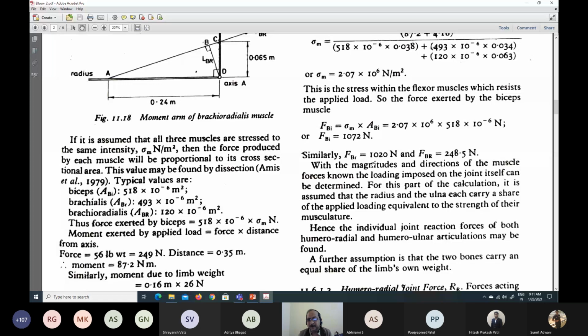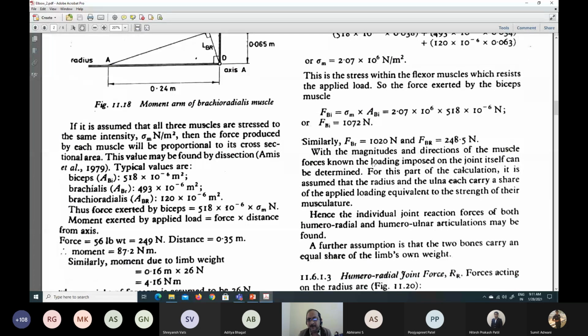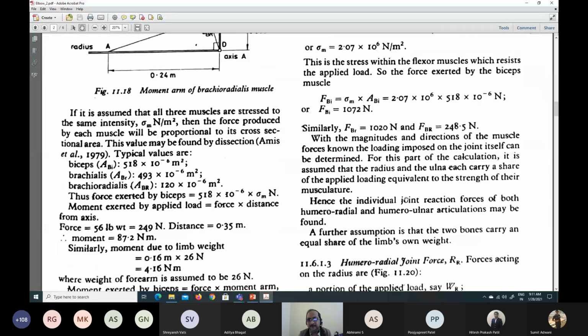Now remember, there were some assumptions in this whole simplified problem. So here, if I highlight the individual joint reaction forces of both the humeroradial and humeroulnar articulation, this has not been calculated.